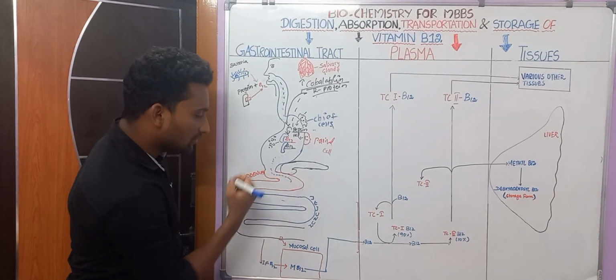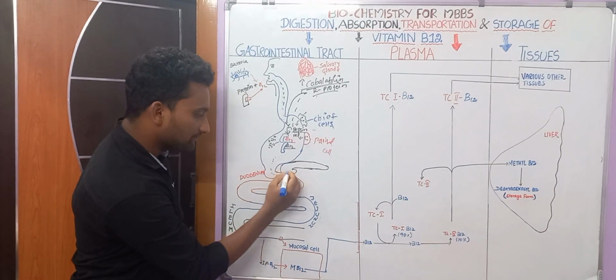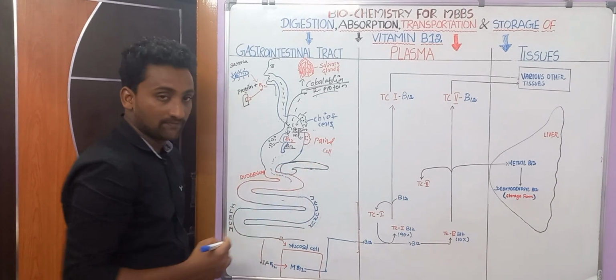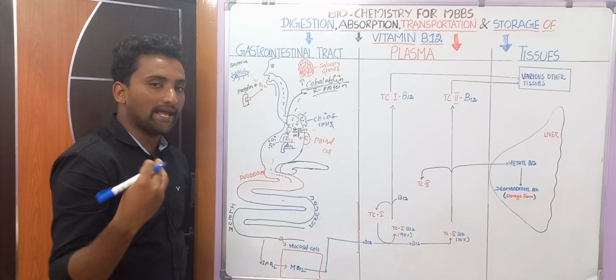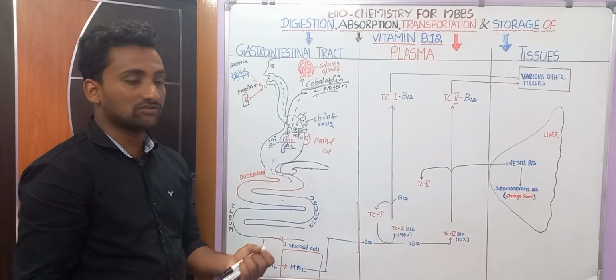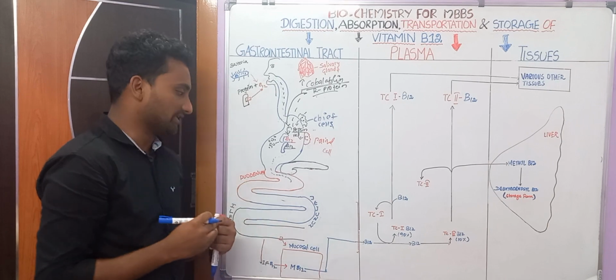You can see in the duodenum, exactly at the starting point, you have the pancreas. As we all know, the pancreas is an organ that synthesizes proteolytic enzymes. They digest the proteins.